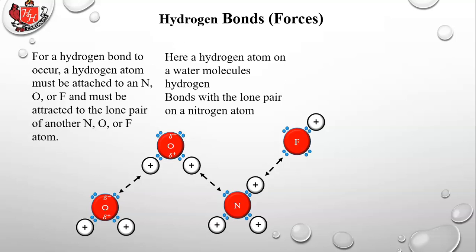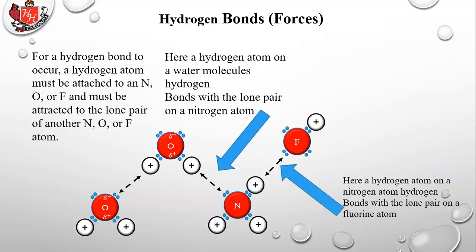So here, a hydrogen atom on a water molecule hydrogen bonds with the lone pair on a nitrogen atom. So in other words, a water molecule, which has a central atom of oxygen, can hydrogen bond with an ammonia molecule, which has a central atom of nitrogen. So that's okay. You can mix and match, in other words.